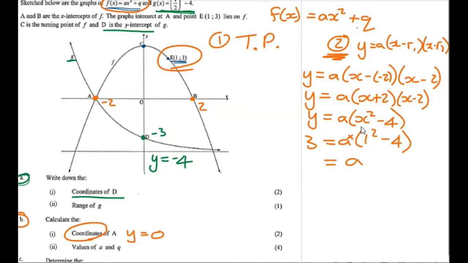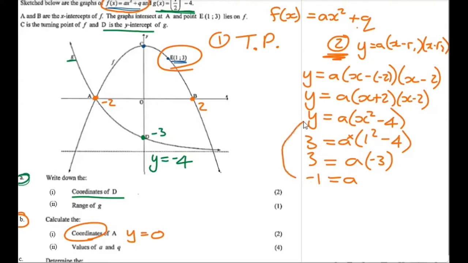Yes, Natalia. So I'm going to show the steps here. We've got 1 squared minus 4, which is going to give me negative 3. Oh, sorry, Natalia, careful of your sign. Yes, Emma, yes, Nazaha. Okay, divide both sides by negative 3, and you're going to get A is equal to negative 1.